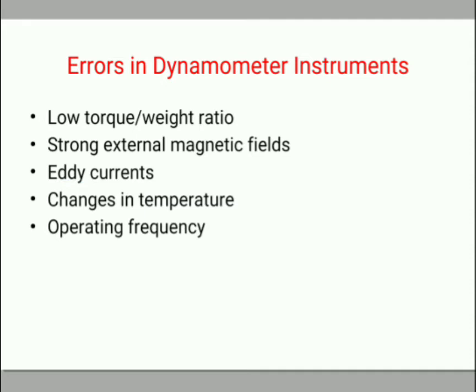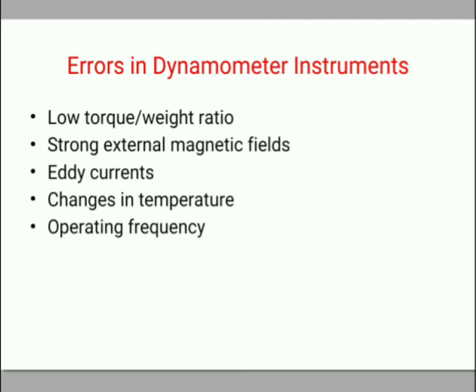Next is changes in temperature. When an operating current is fed into the coils of the instrument, the coils get heated up. Due to this heat produced, some errors occur in the coils due to self-heating.